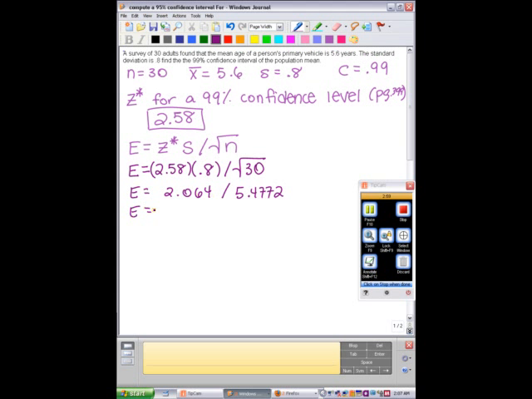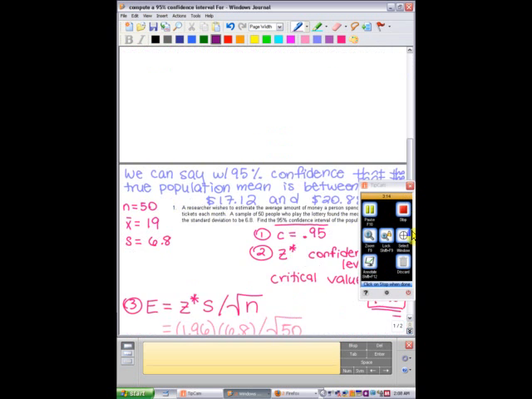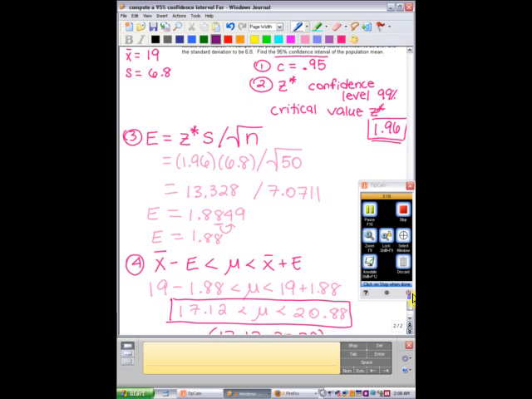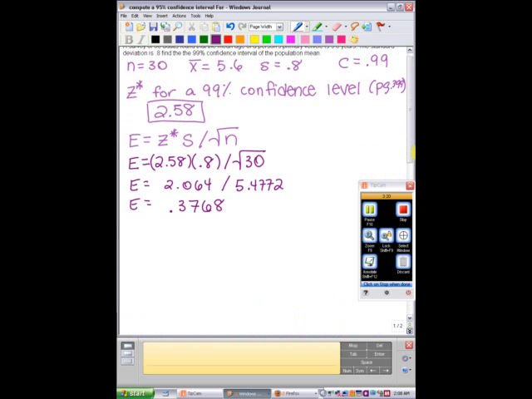Then I'm going to divide 2.064 divided by 5.4772, and that gives me 0.3768. And from our last example, you could see that for error we're going to round to 2 decimal places. So what I would get would be 0.38 for error.